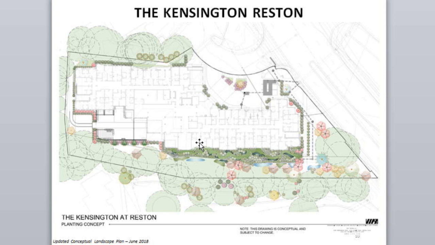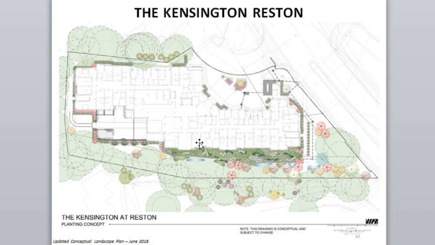What's shaded light green around the building is what has been preserved of the existing canopy, and it is substantial. Substantial enough that the county is willing to waive some of the requirements. We met all of our canopy coverage numbers just by the preservation of existing trees. So that was a significant, we think, achievement on our part.